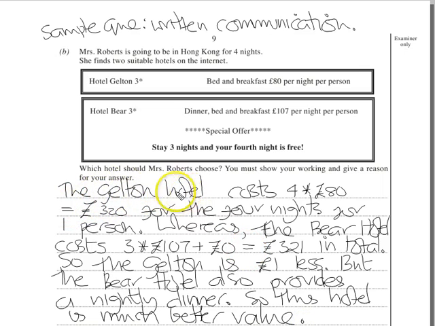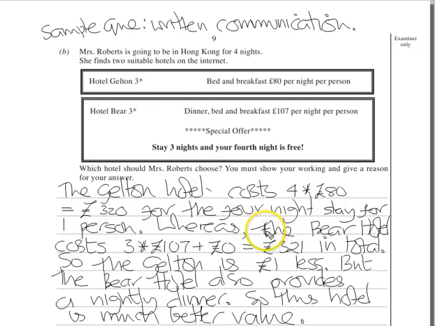So the Galton Hotel, let's see what we've written then. The Galton Hotel costs 4 times £80, which is £320 for the 4 nights for one person. Can I put that in for the 4-night stay? So let's just change that then. The 4-night stay for one person.